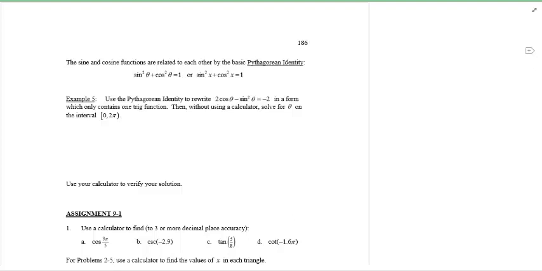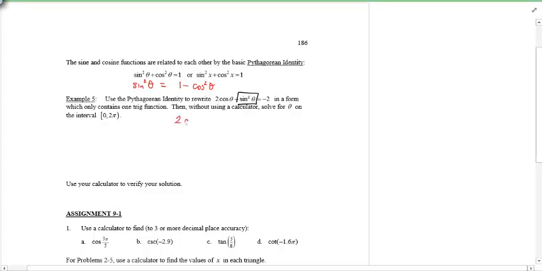In this case, it's up to you which one you want to do, but I see sine squared, and so if I were to isolate one of these Pythagorean identities, which is something you should have memorized in Pre-Calc 12, I know I made my students do it, then sine squared theta equals 1 minus cos squared theta.